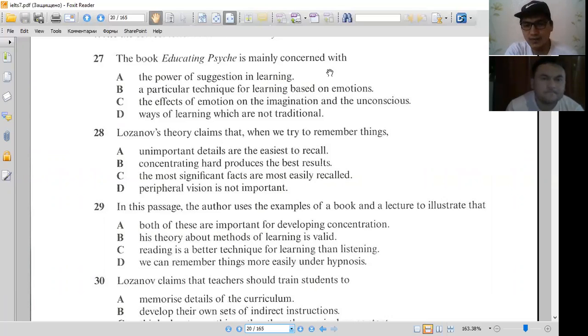So while reading, try to extract the meaning, understand it, and match the meaning with the option, with the meaning of these options A, B, C, D, not keywords. So here we shouldn't match the keywords because keywords might be similar, right? We have to match the meaning. Yes, that's much more important.